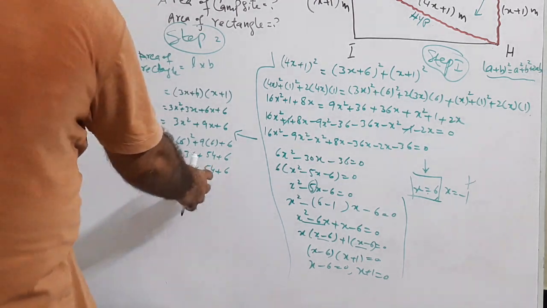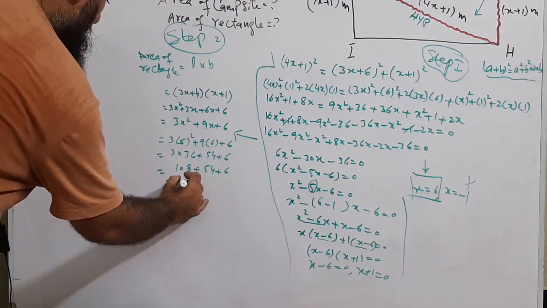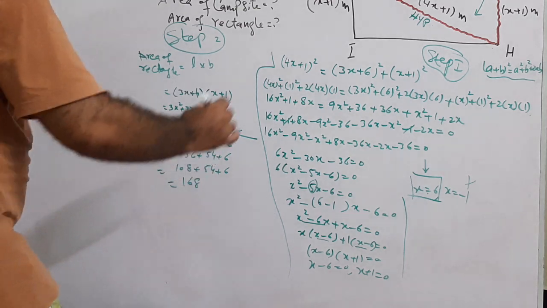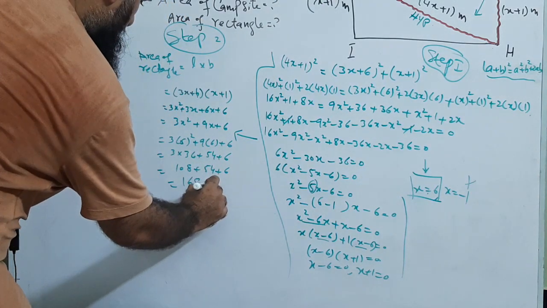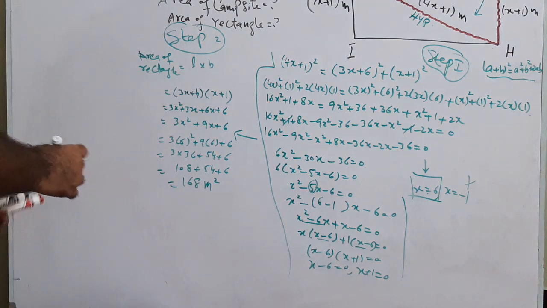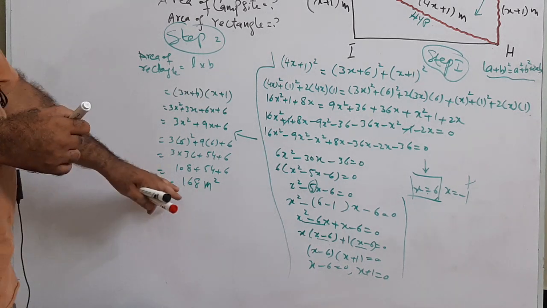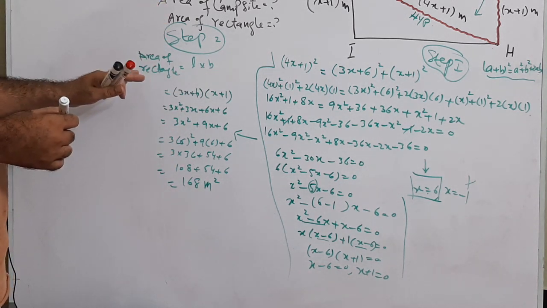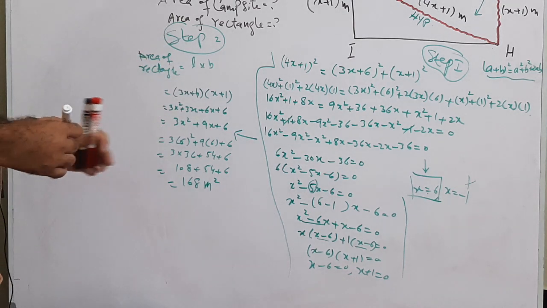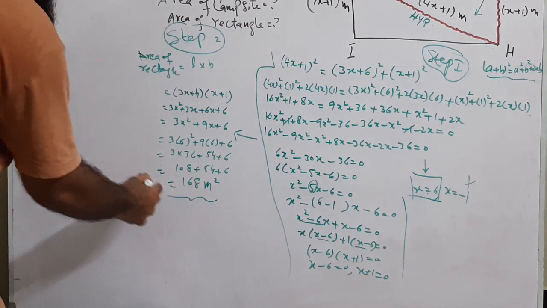So when we add up, this becomes 60 and 108, 168. We'll put meter square. Why? Because the unit of area is always in square. So it is 168 meter square. So this is basically the area of the campsite, which is equal to the area of the rectangle, and this was required, and this is our answer.